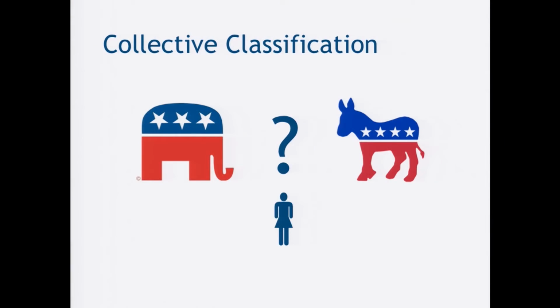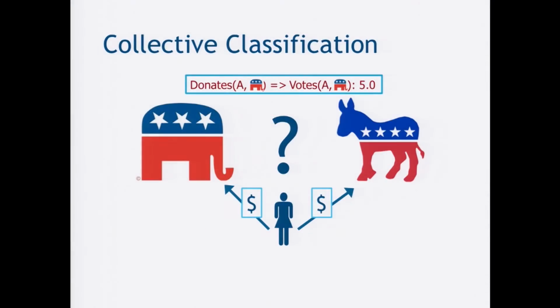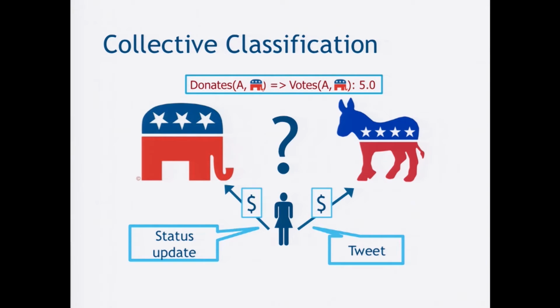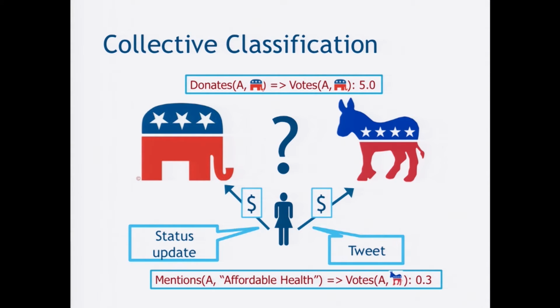So, back to our political persuasion example, I'm trying to figure out the political party of an individual. Well, certainly I want to use all the local information. So, I want to do things like, okay, let's look at what campaigns they contribute to. Let's look at their status and their tweet updates. Let's look for phrases that are highly indicative of a particular party.